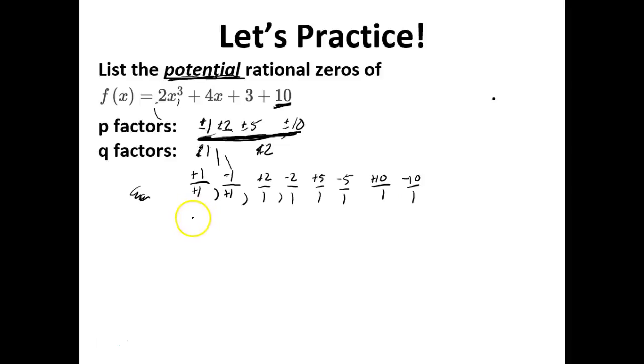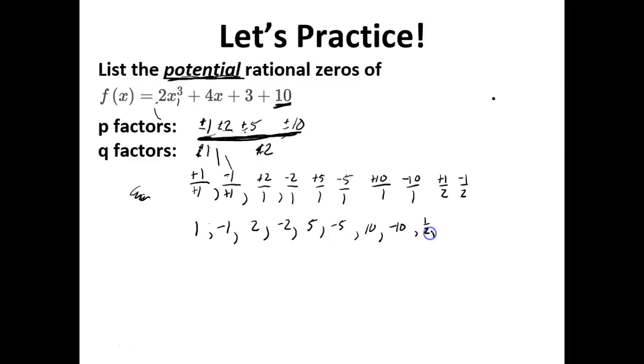When I simplify these fractions, we have so far 1, negative 1, 2, negative 2, 5, negative 5, 10, negative 10, and those were all the fractions with 1 in the bottom. I could put 2 in the bottom. If I put 2 in the bottom with the plus or minus 1, we'd have positive 1 over 2 or negative 1 over 2.